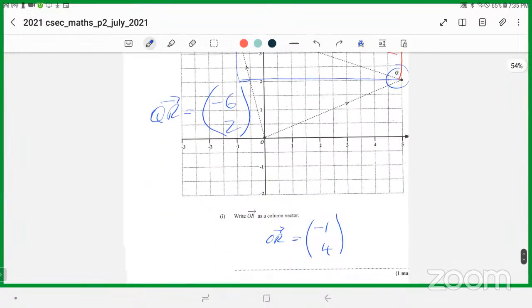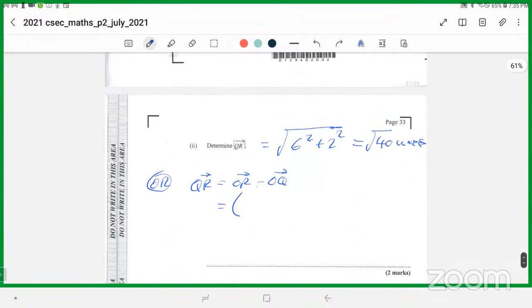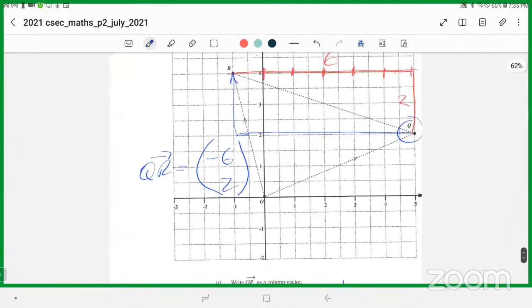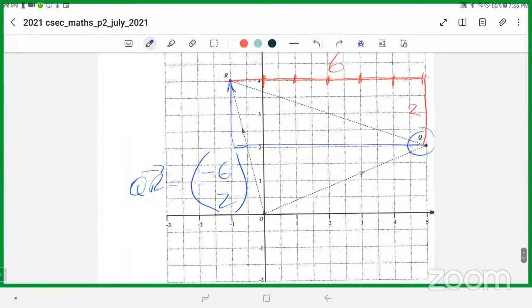So negative 1, 4 minus 5, 2. Minus 1 and minus 5 is negative 6. 4 minus 2 is 2. Same thing I got on the diagram: negative 6, 2. So when you have the diagram, it becomes easy because you're seeing it.